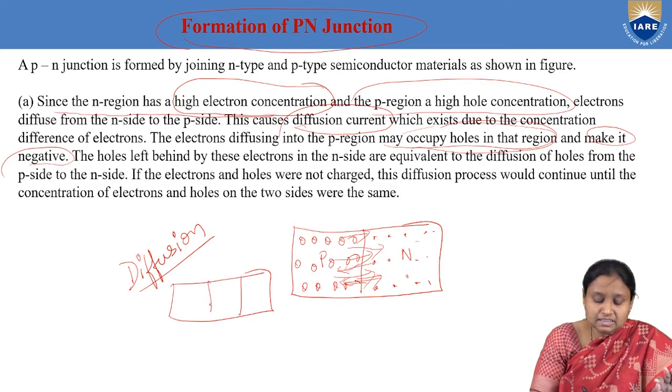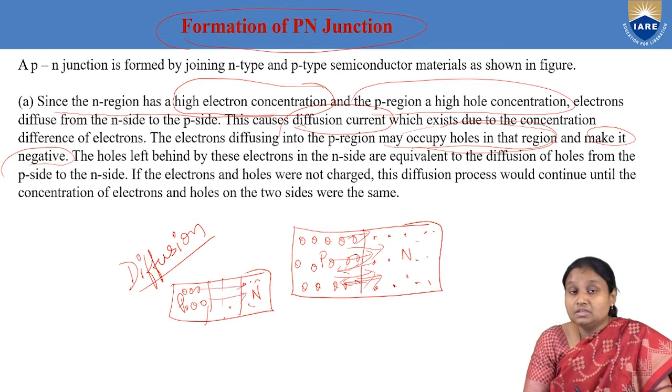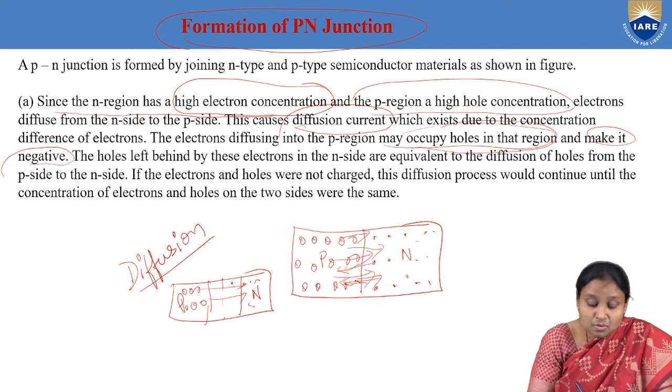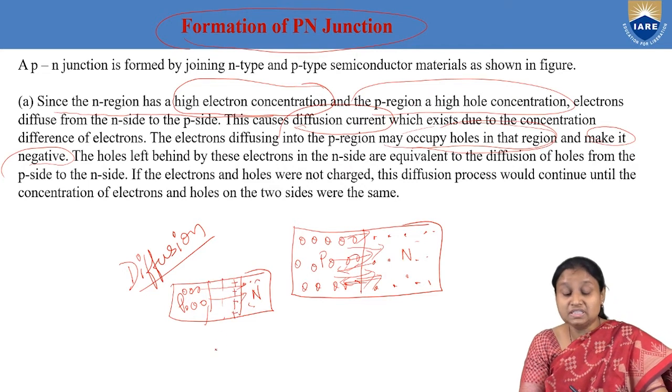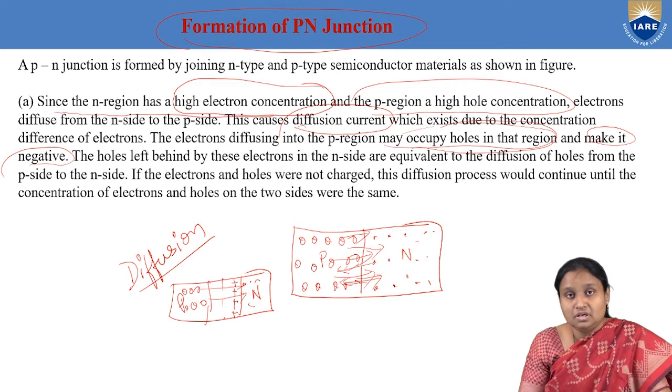Now as you can see here, I have the P region and this is our N region. In the P region we have holes, and in the N region we have electrons. Holes have started migrating to the N region. When these holes go there, they combine with electrons in the N region, and they become immobile positive charges which get accumulated on the N side of the junction.